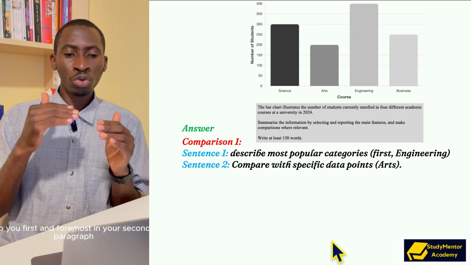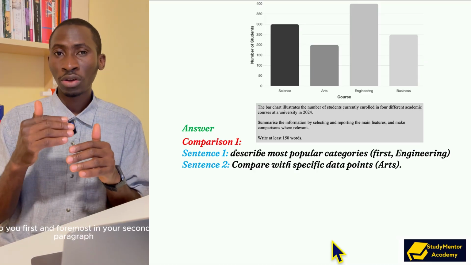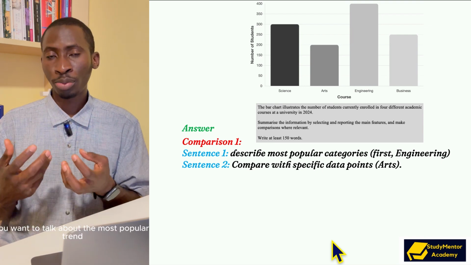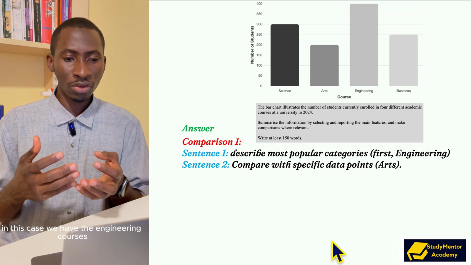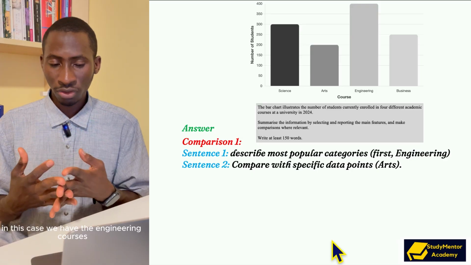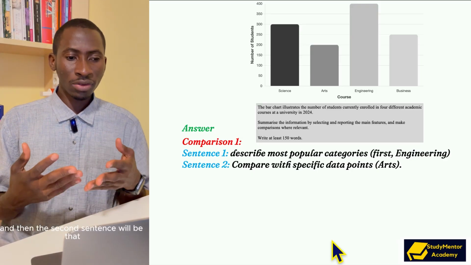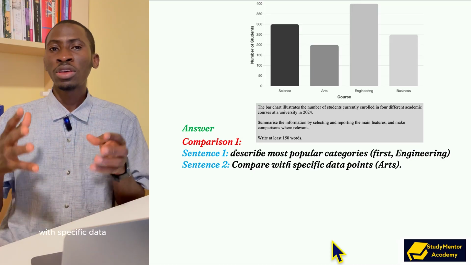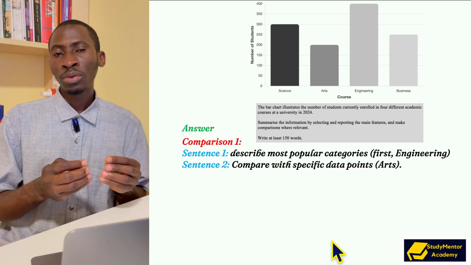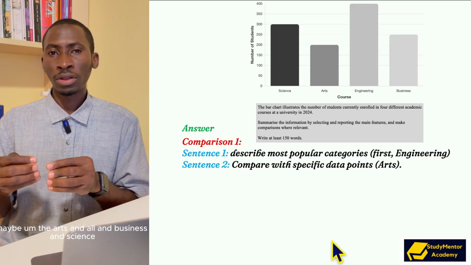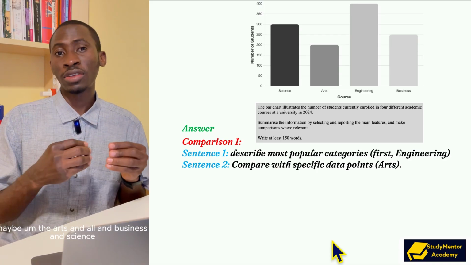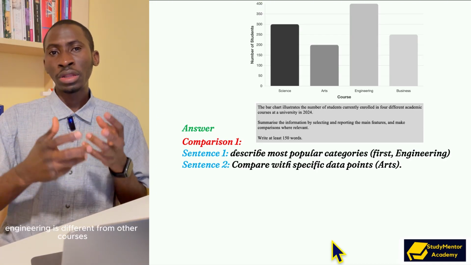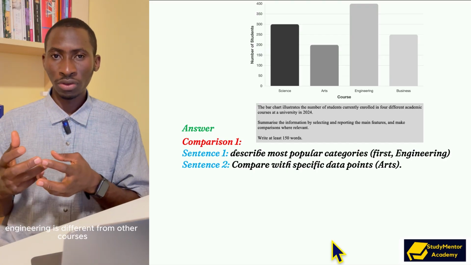First and foremost, in your second paragraph, which is your body paragraph, you want to talk about the most popular trend. In this case, we have the engineering courses. Then the second sentence will be that we want to compare these trends with specific data, maybe the arts, business and science. We want to compare how engineering is different from other courses.